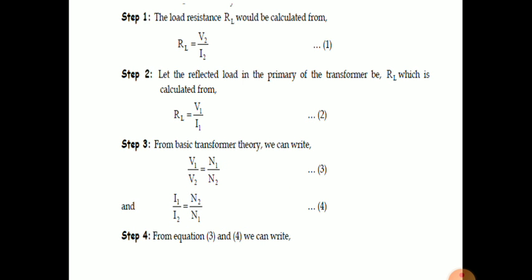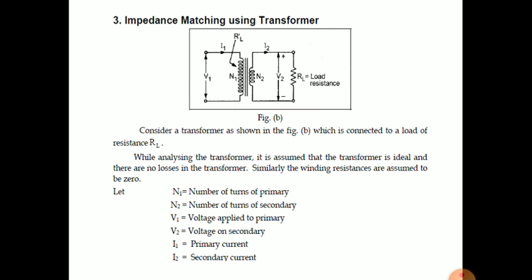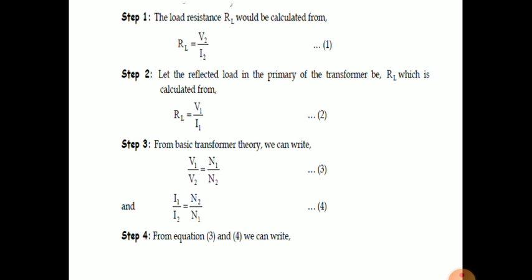Now the load resistance RL can be calculated from RL = V2/I2, from the basic Ohm's law, R = V/I. Let the reflected load in the primary of the transformer be RL dash, which is calculated from RL dash = V1/I1.